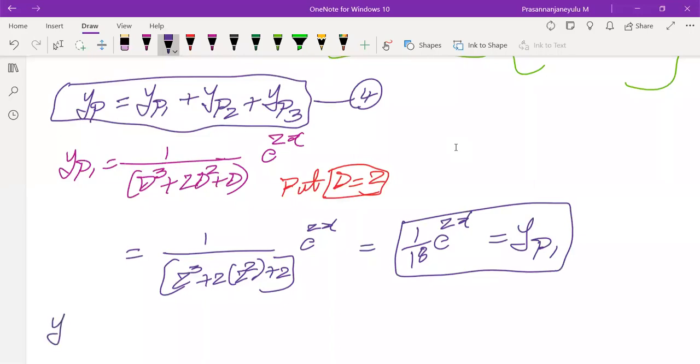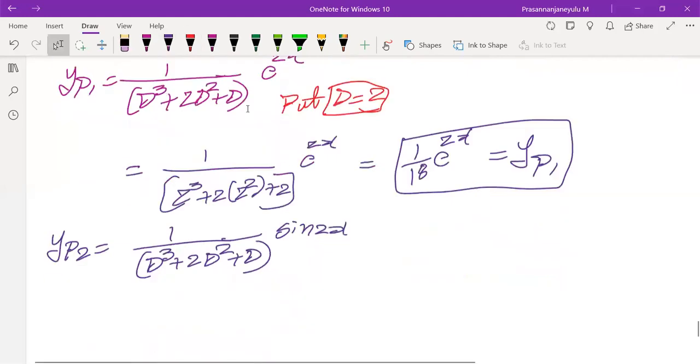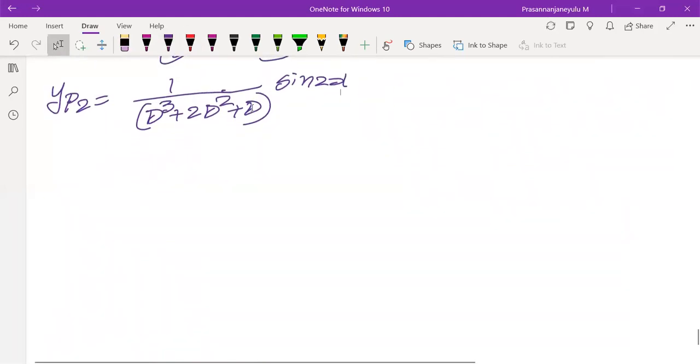What is yp2? 1 by d cube plus 2d square plus d, of sine 2x. According to type 2, what do we have to substitute? What is the procedure of type 2 here?